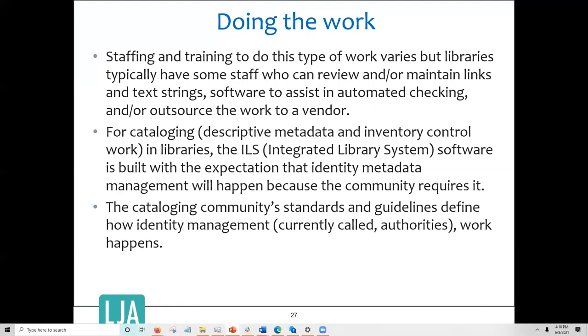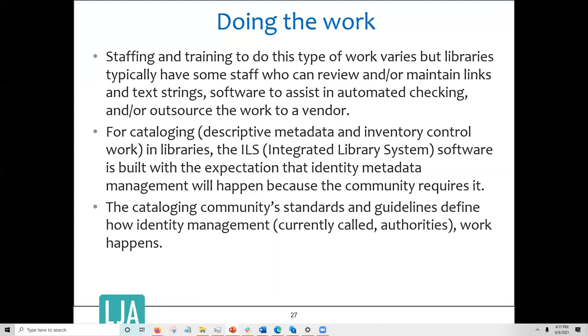Now, that last part may or may not happen at all. I've worked in large libraries where we had a whole team of people who did this, worked in large libraries where we outsourced everything, and worked in large libraries where we hadn't done anything. We just accepted the information as it was and moved on. We didn't do any review or check-in or anything like that. So there's a variety of how this work happens.